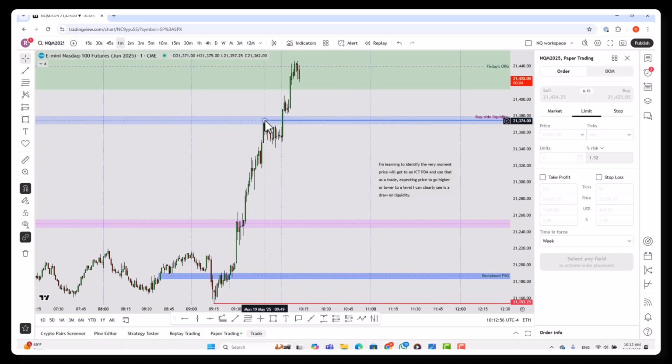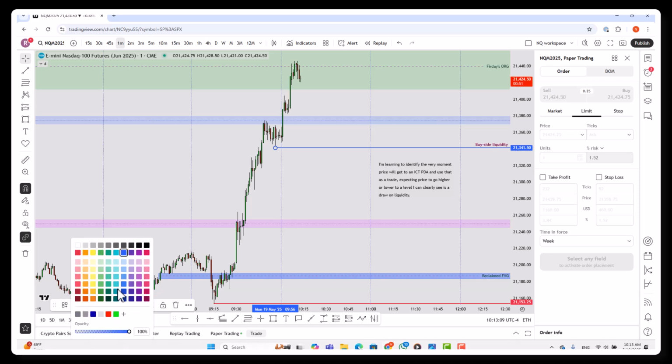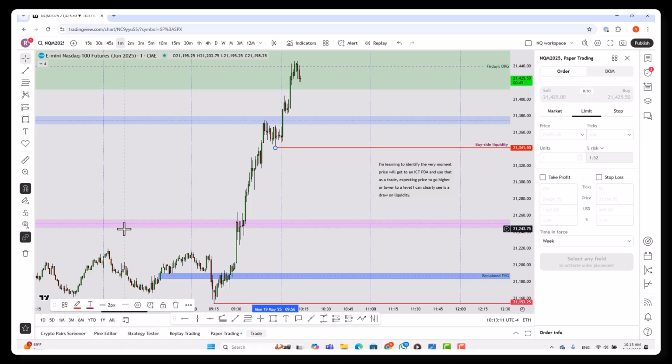And now I'll put this here. This is sell side liquidity now that I want to note.